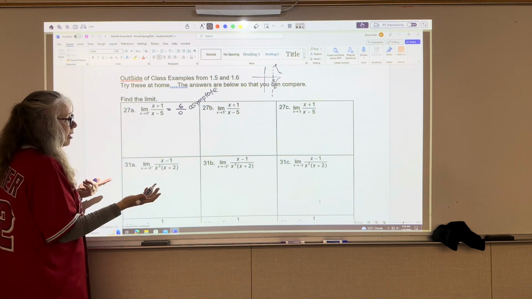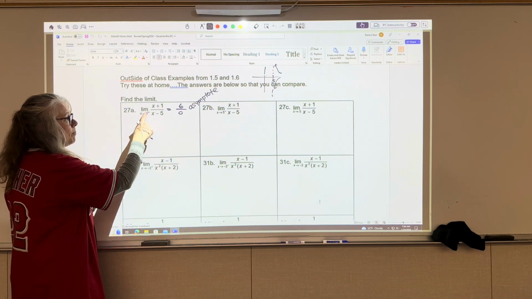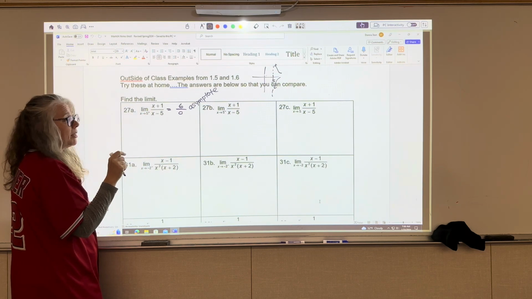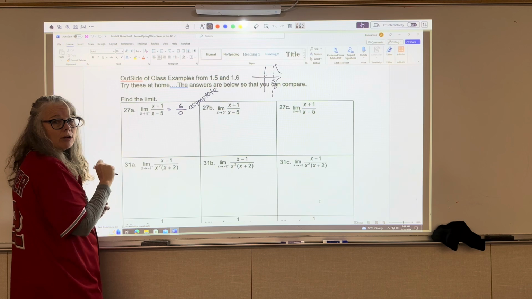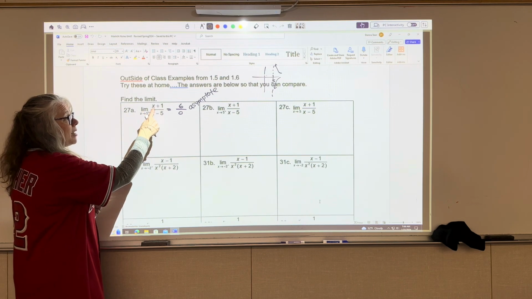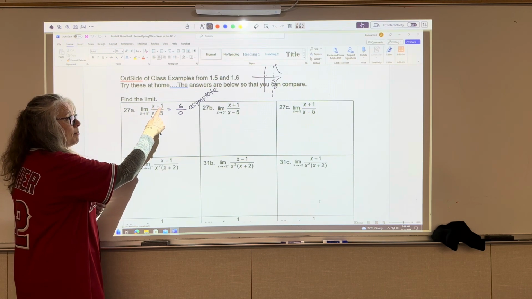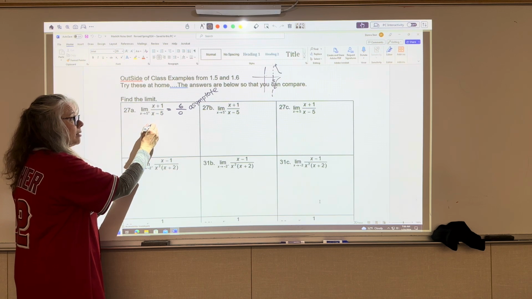So I just tell myself, if I'm a little bit bigger than 5, since I know it's going to be infinity, that 0 in the denominator is making my infinity, then my numerator is positive.